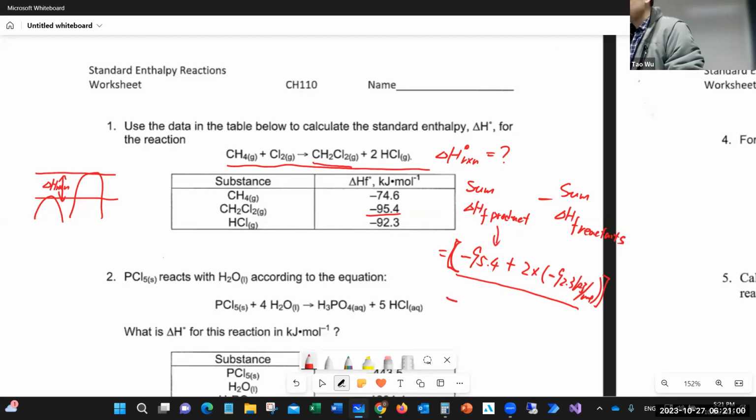Then you subtract the sum of the reactants. For the reactants, we have 1 mole of methane, which is negative 74.6 kilojoule per mole. The next one is chlorine gas. This table didn't show anything, but you should know the number for chlorine gas. It should be 0, as we just talked about why.